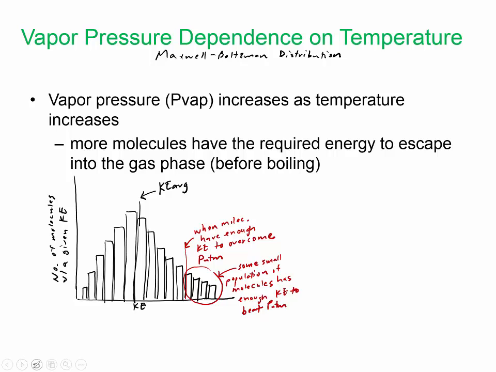Now if we heat this up, as the title of the slide implies that the vapor pressure depends on temperature, if we heat this sample up, then our distribution curve gets more spread out. So we don't have as many molecules traveling at the same kinetic energy. That's what I mean by the distribution curve getting more spread out.